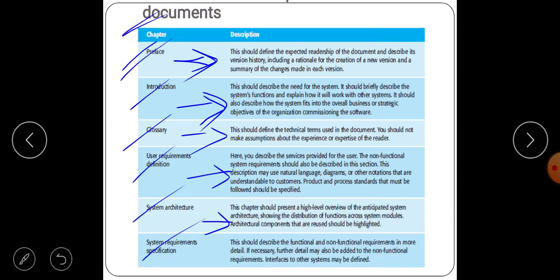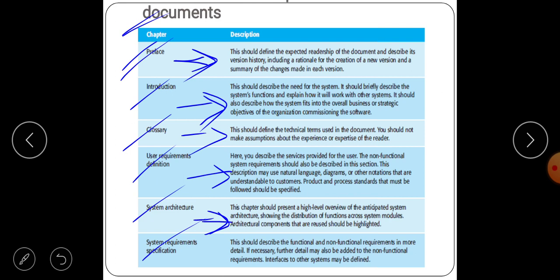Here, system architecture means the overview of the system structure should be explained here, and what functions will be carried out in this system should be present here. Next, reused components should also be highlighted in this system architecture.